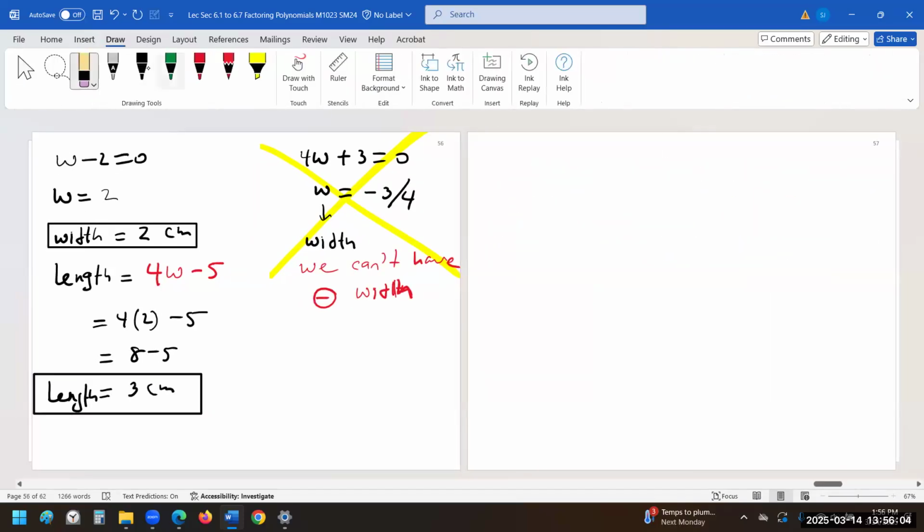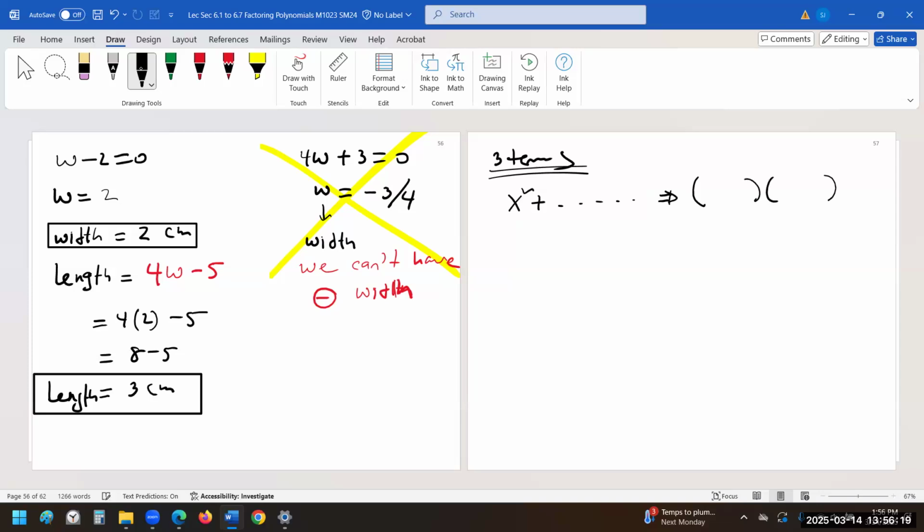So for 3 terms, there are 3 choices. Either you have x squared plus something, so use direct factoring because it's x squared.